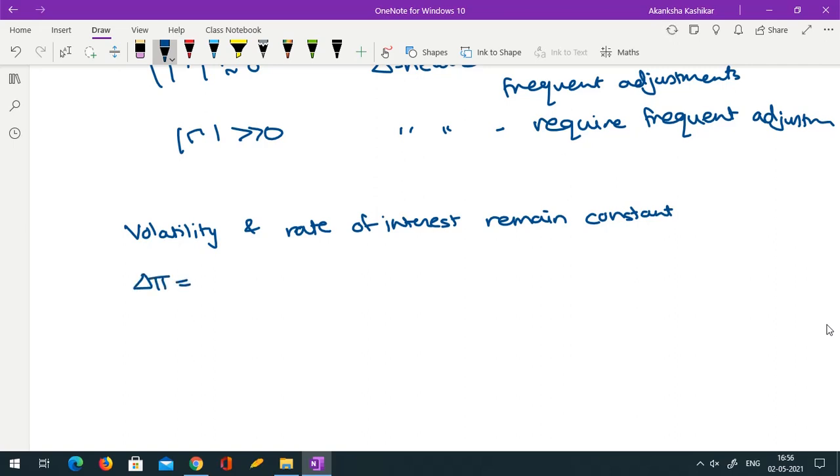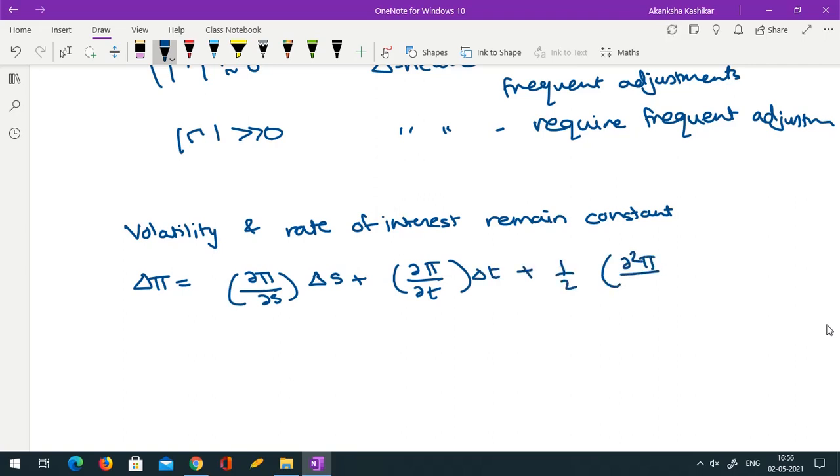Then from our Taylor series equation that we saw in the earlier lecture, the change in portfolio worth becomes ∂Π/∂S into ΔS plus ∂Π/∂t into Δt plus half ∂²Π/∂S² into (ΔS) squared.